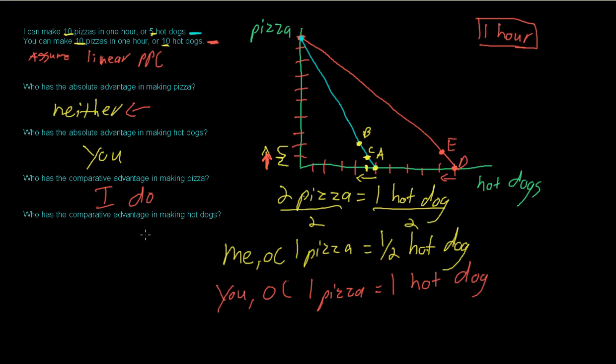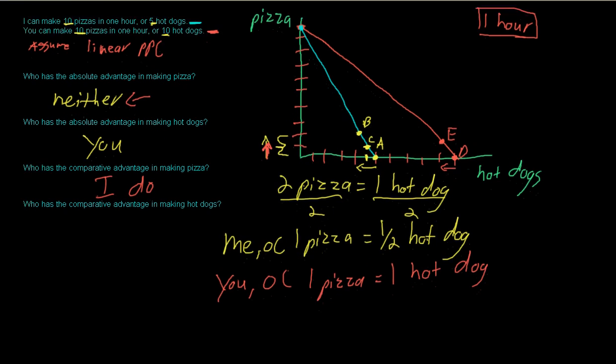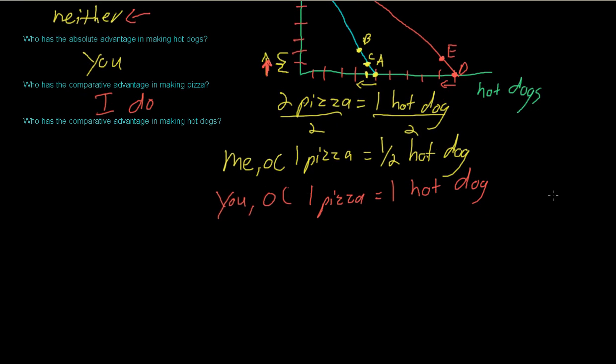Okay, so now we need to see who has the comparative advantage in making hot dogs. Rather than rewrite this, we know that your opportunity cost of 1 hot dog is also equal to 1 pizza. So if you were to go from point E to point D, we would reverse these signs, like this and like this. And so your opportunity cost of 1 hot dog is 1 pizza.